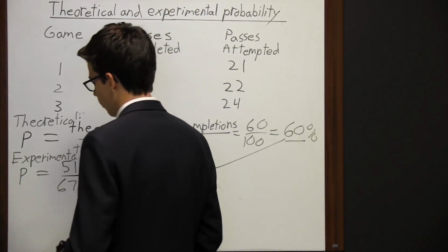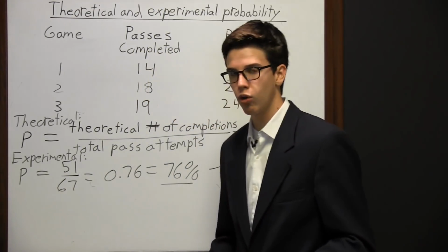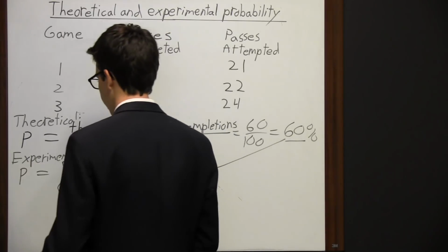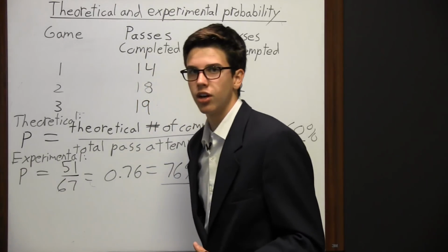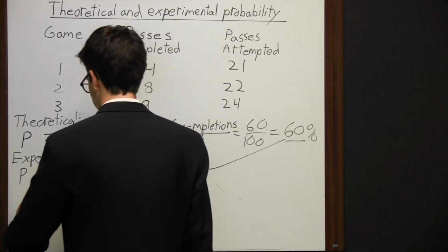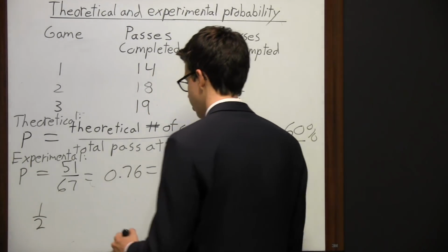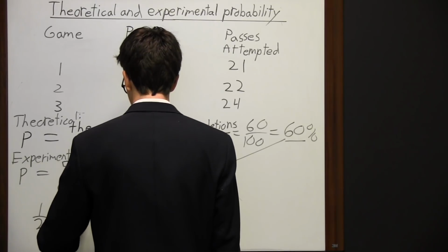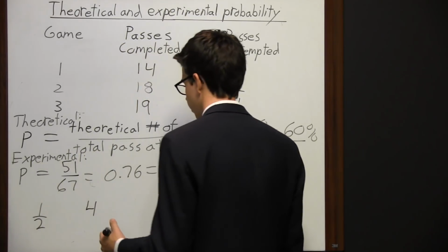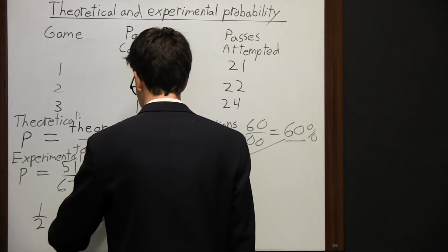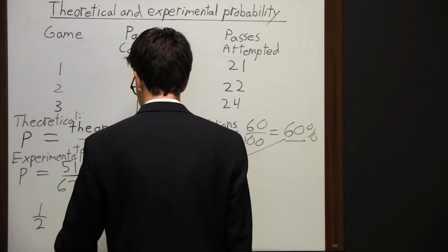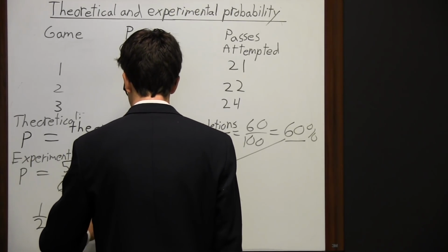Another example of this would be flipping a coin. The probability of landing on heads when flipping a coin is 1/2. So say you flip a coin 6 times, and 4 times it lands on heads, and twice it lands on tails.